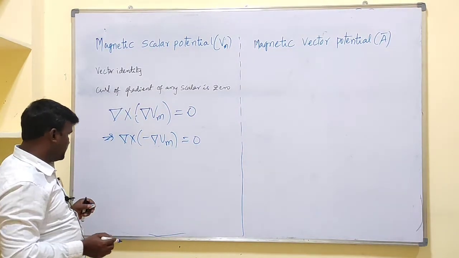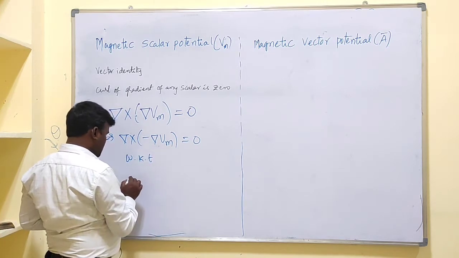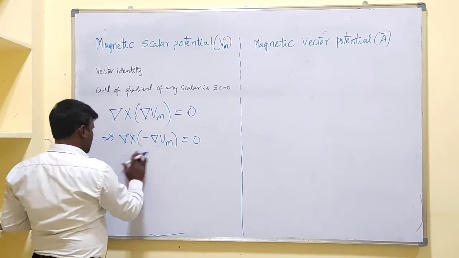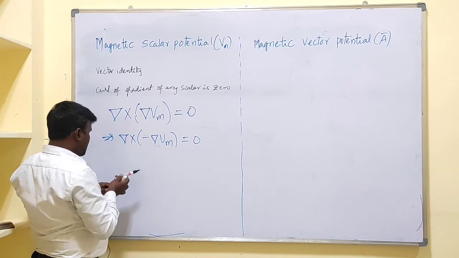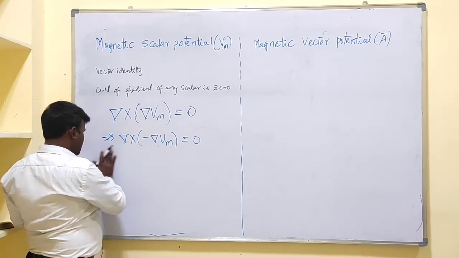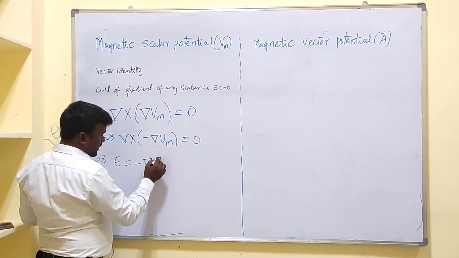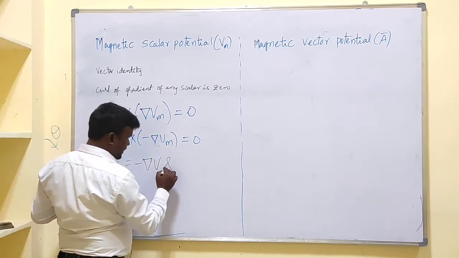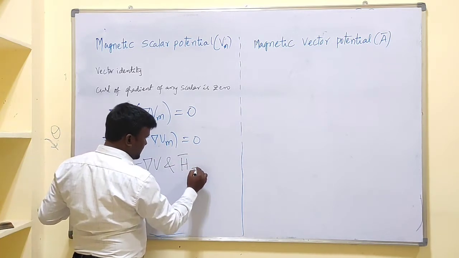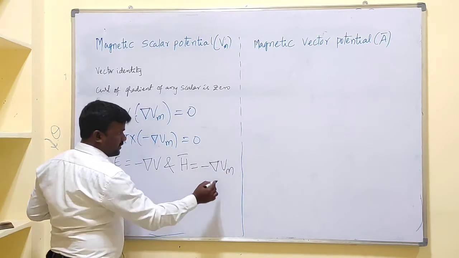We know that E equals minus del V. Similar to electric field intensity, the magnetic field intensity H is defined as H equal to minus del Vm.